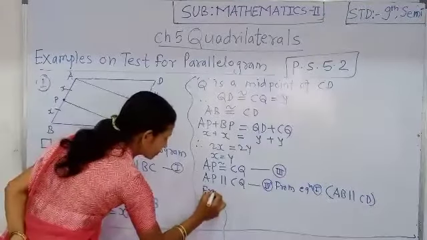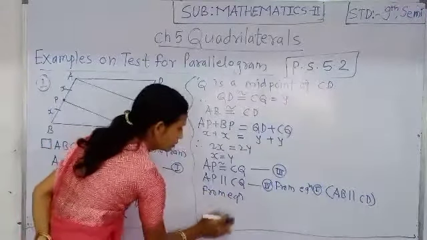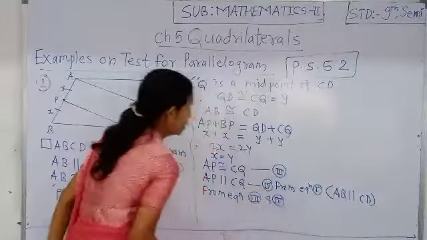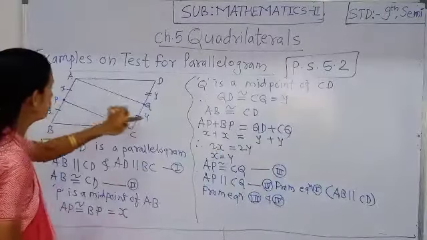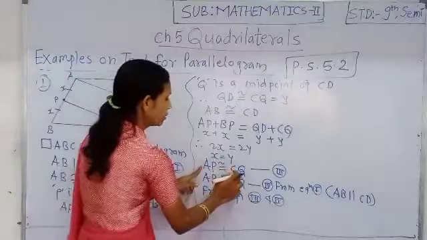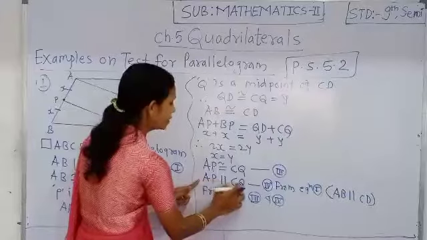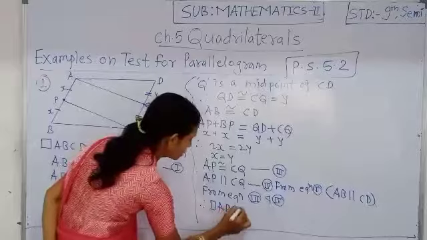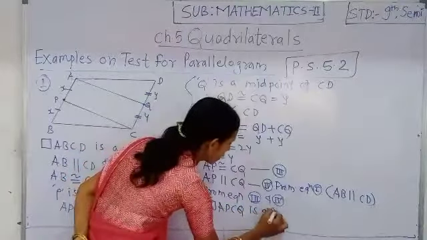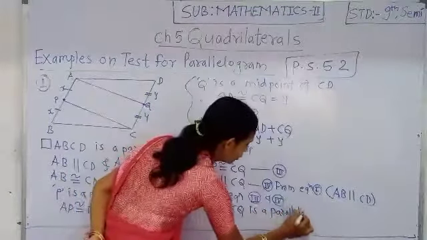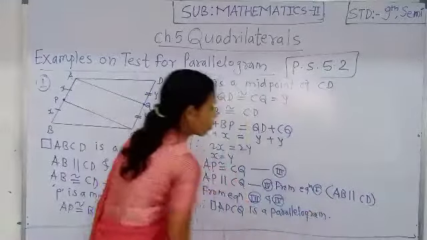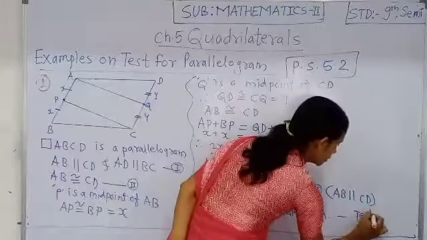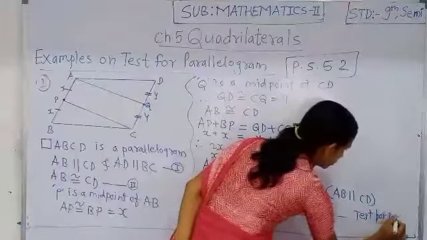Then from equations 3 and 4, in quadrilateral APCQ, AP is congruent to CQ and AP is parallel to CQ, therefore quadrilateral APCQ is a parallelogram. Why? Because of the property which is given in the test for parallelogram.